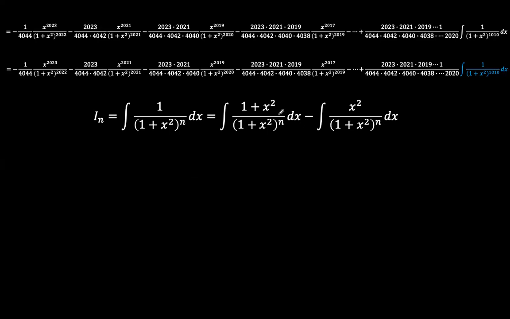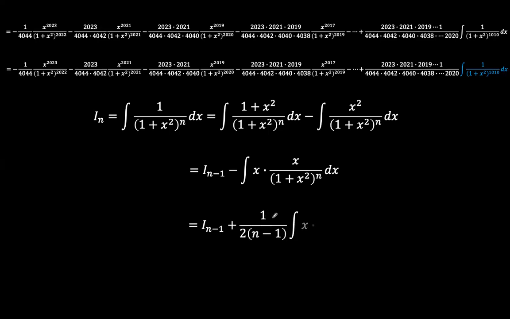So we have I_(n-1) minus the integral of x times x over (1 plus x squared) to the power n. This x squared is the same as x times x, right? And so using integration by parts, x over (1 plus x squared) to the power n is the same as the derivative of negative 1 over 2 times (n minus 1) times (1 plus x squared) to the power (n minus 1).